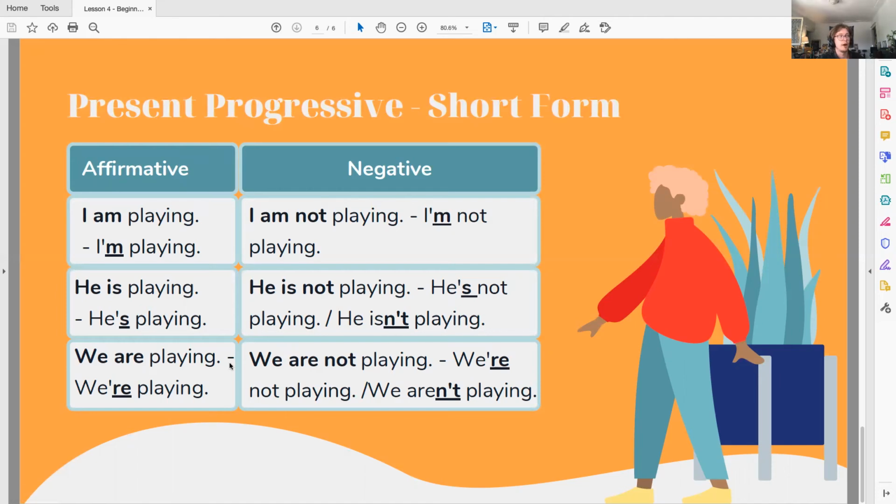Lastly, we would say we are playing. For that contraction, you just take off the a, but you keep the re. So the contraction of we are is we're, w-e apostrophe r-e. So we would say we're playing, or we could say we are not playing, we're not playing, or we aren't playing. Aren't is the contraction for are not. So it's the same as isn't, where you have the conjugation of the verb, so the to be would be are or is.